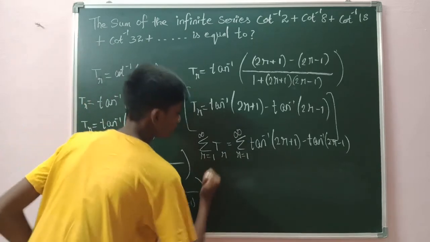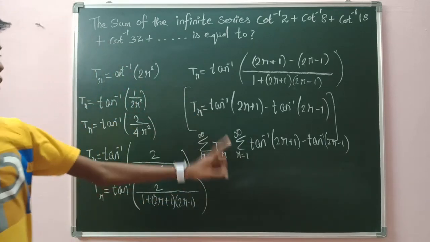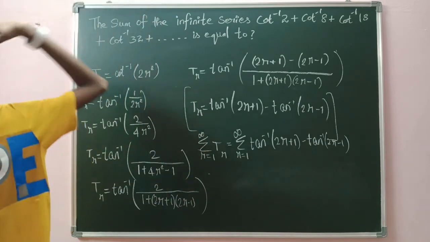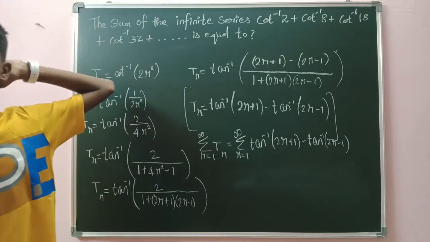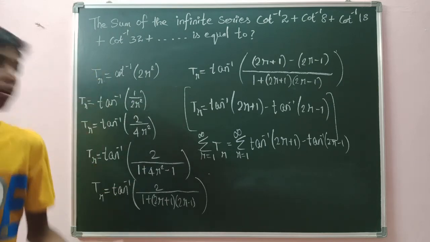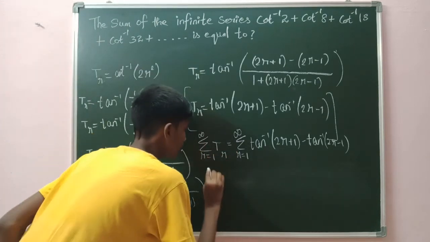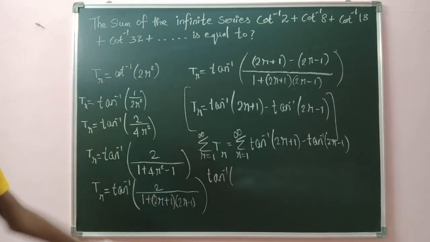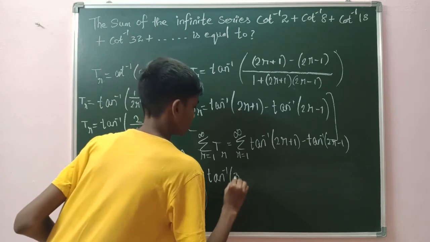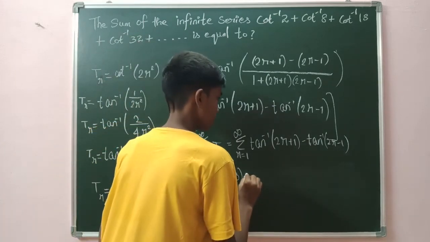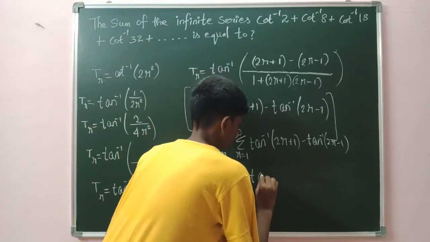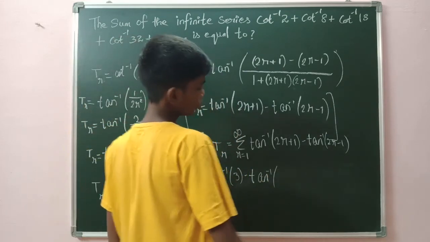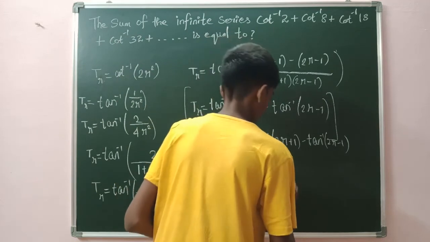How will you solve the summation? First put 1 in place of r, next put 2 in place of r, next put 3 in place of r, and all the way up to infinity. That is how you will solve it, right? So when you put 1 in place of r, we get tan inverse of 2 plus 1, that is 3, minus tan inverse of 2r minus 1, which will be 1 into 2 minus 1, that is 1 only.